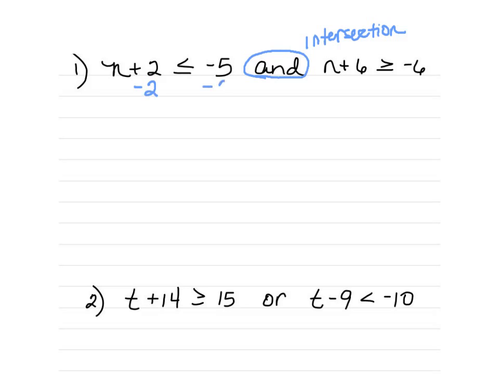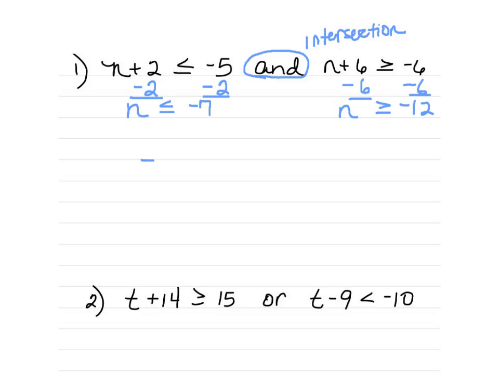We'll subtract 2 from both sides, and n is less than or equal to negative 7. Then I have n plus 6 is greater than or equal to negative 6. We'll subtract 6 from both sides, and I have n is greater than or equal to negative 12. Recall this is an AND situation.